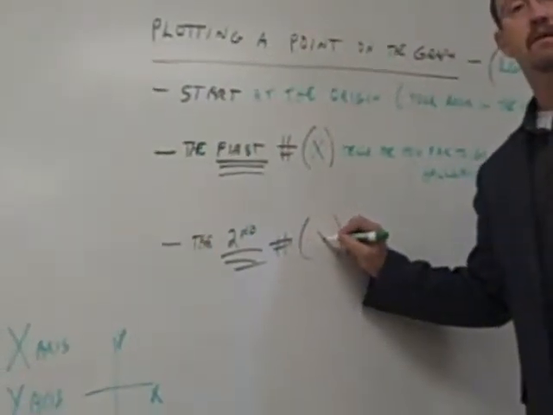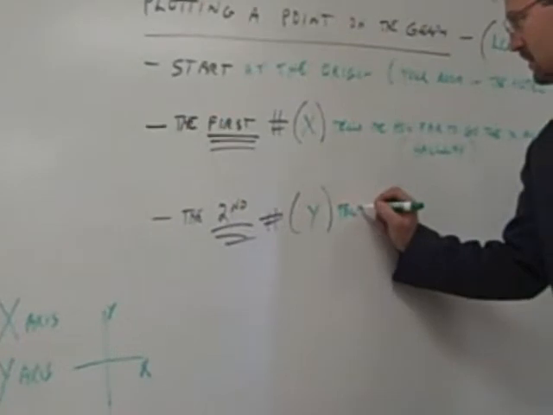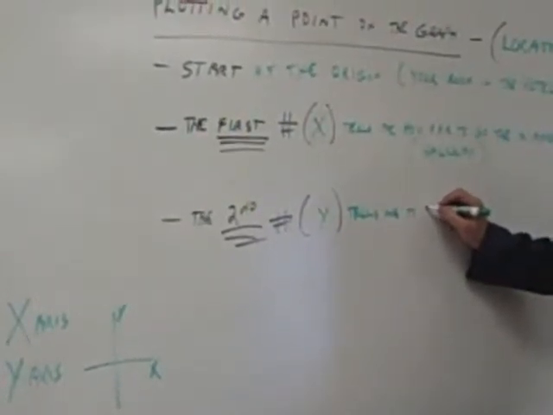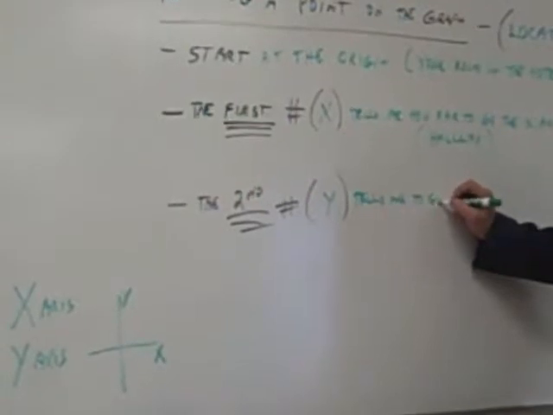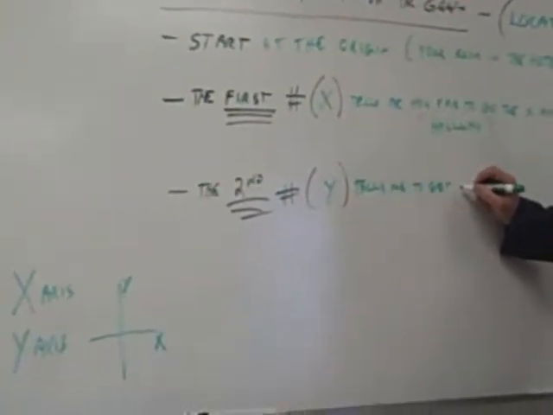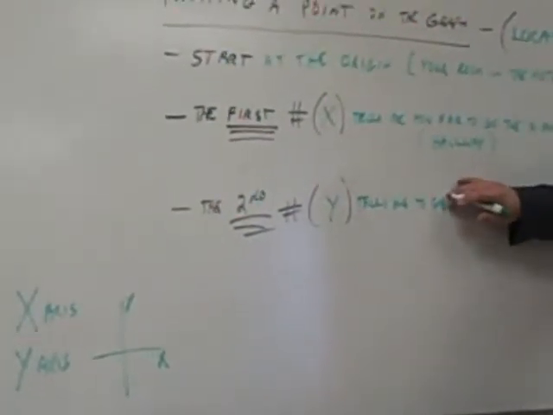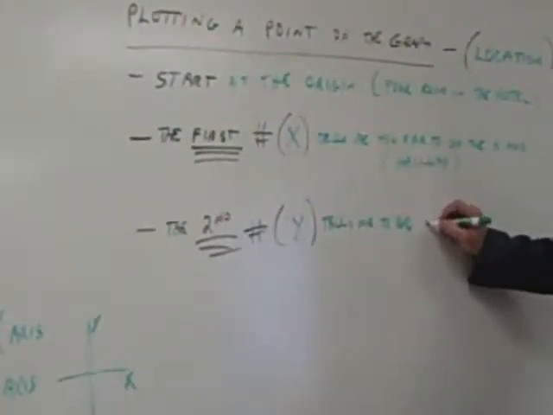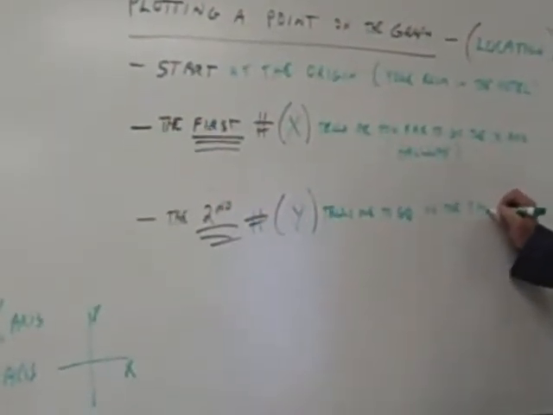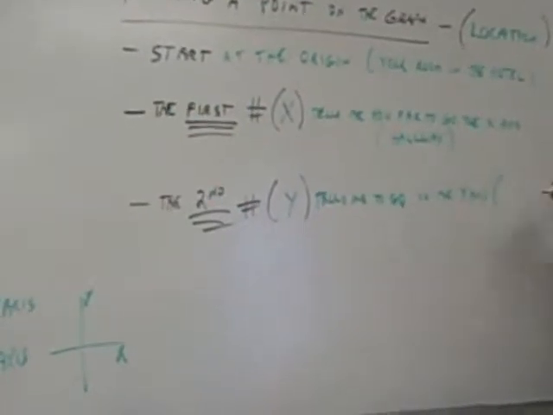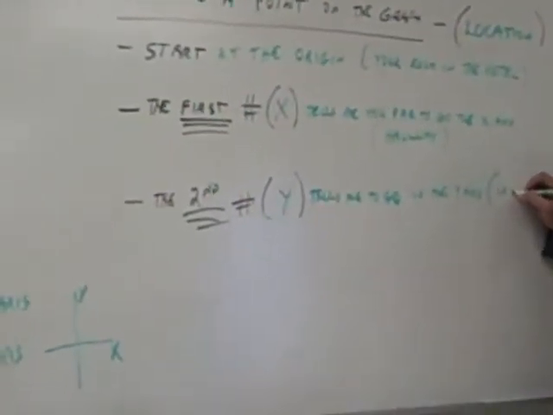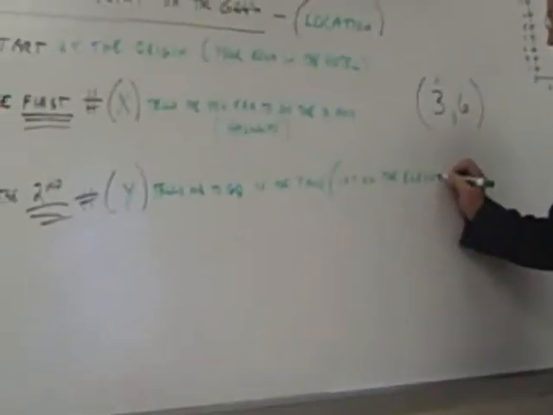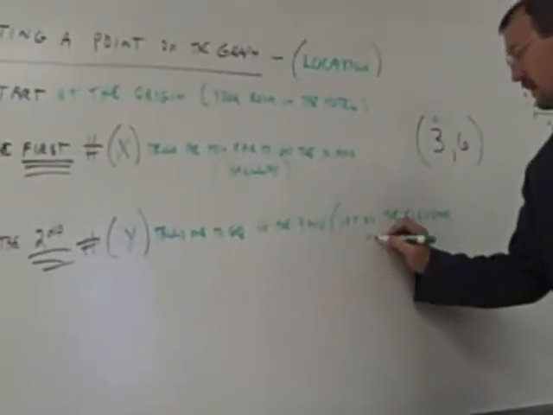The second number, Y, tells me to go on the Y-axis, but in our little analogy, it is get on the elevator and go.